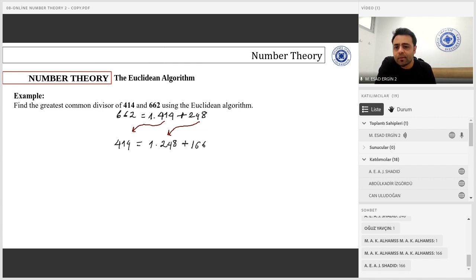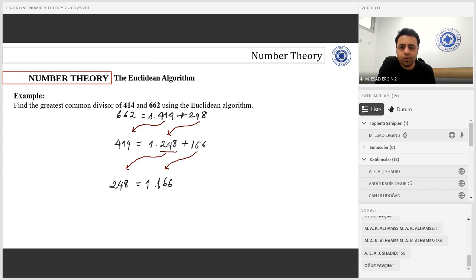Now the same, I'm going to use that one at the left side and that one at the right side. 248 equals 166, and it is also 1, and plus, what is the remainder? Just subtract, it's 82, I guess. Yes, Abdulkadir, thank you. Thank you, guys.